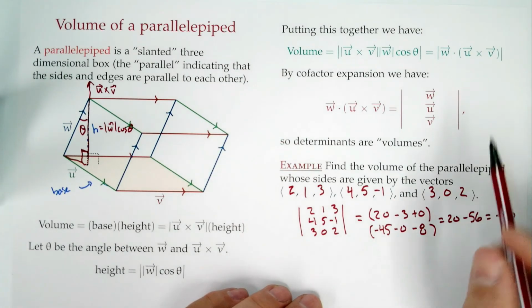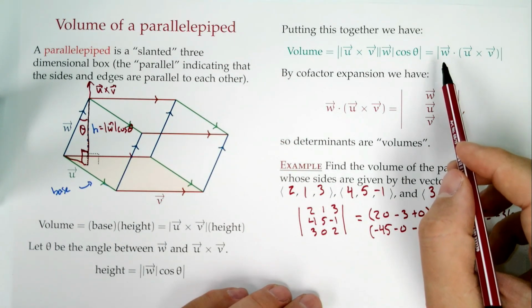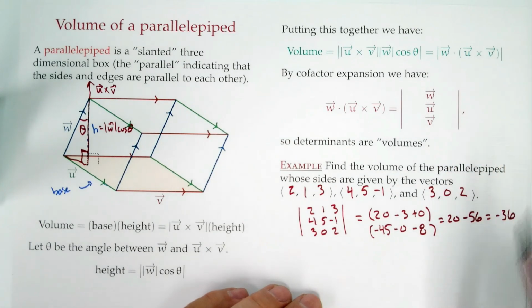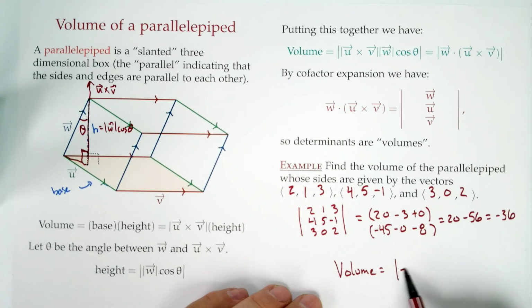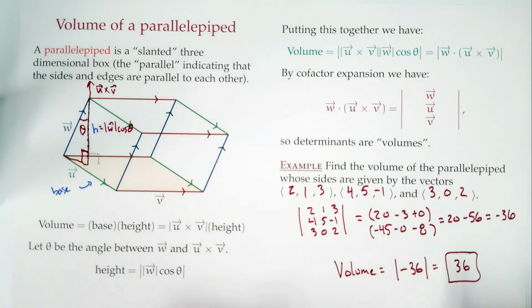No. Because remember, a volume can't be negative. That's why you need these absolute value signs to correct. And so the volume is going to be equal to the absolute value of negative 36, which is positive 36, and there you go. Now, positive 36 what? Well, whatever units we're working on. We didn't give units here, so we'll just say 36 cubic units.